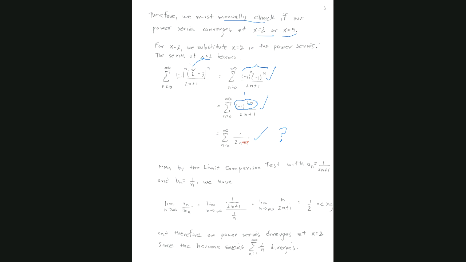This series diverges. But I want to be formal about it. So what I'm going to do is use the limit comparison test. We'll let the nth term be 1 over 2n plus 1.